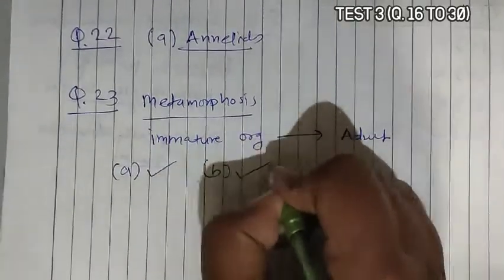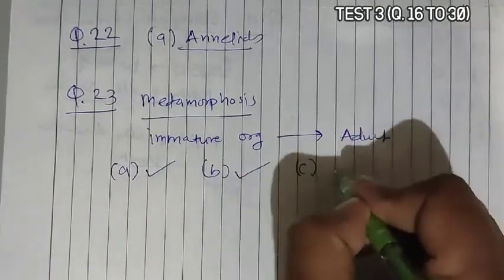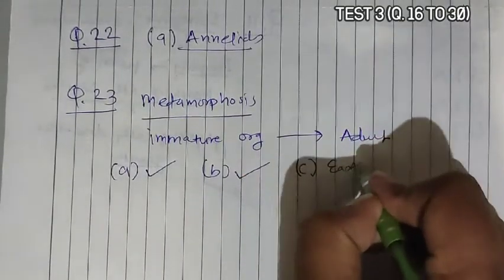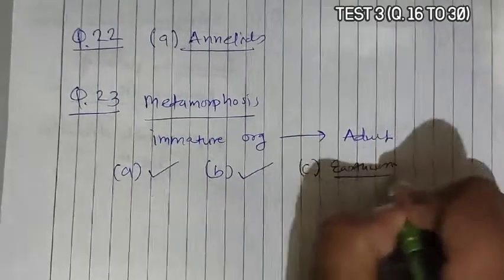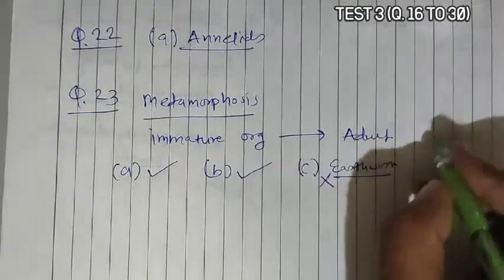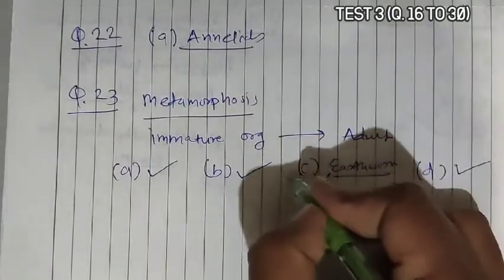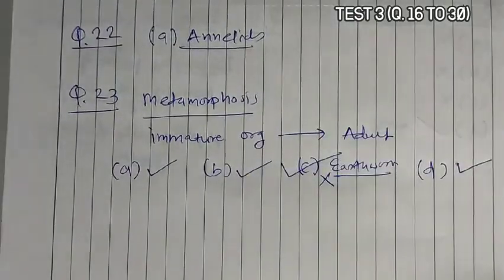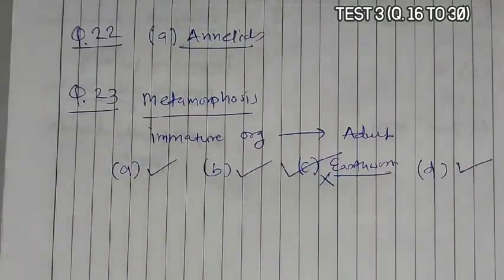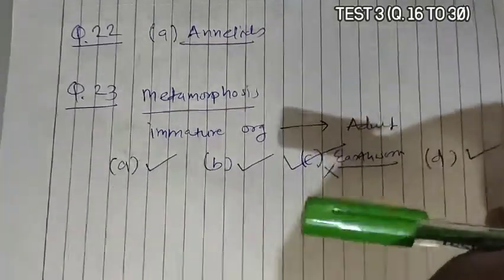Option B, tunicates also undergo metamorphosis. Option C, earthworm. Earthworm does not undergo metamorphosis, so this is the correct one. And option D, starfish, that also undergoes metamorphosis, so earthworm becomes the correct answer for not undergoing metamorphosis. Question 24.